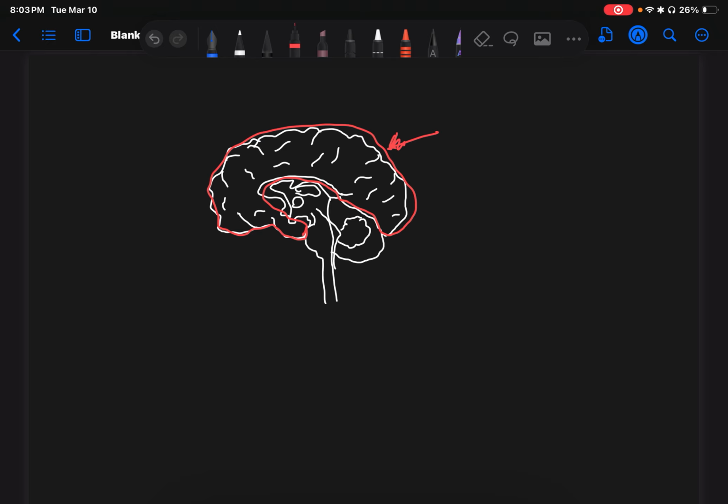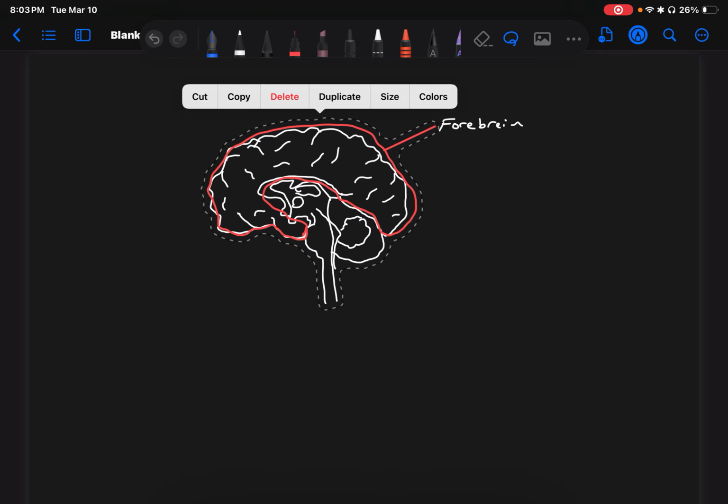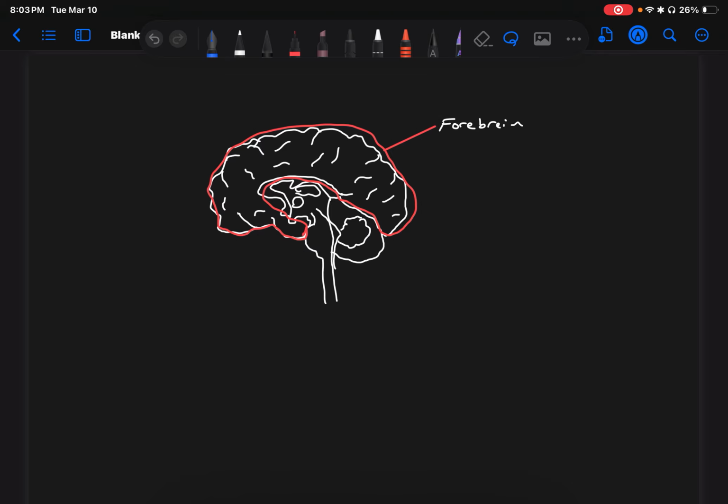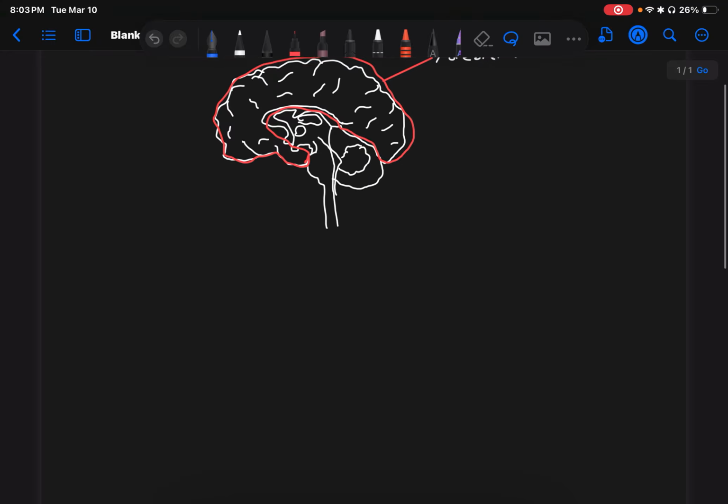But wait, I want it to be a straight line. This is going to be the forebrain, and we'll get into what it includes in the future. Wait, let me just circle this and copy it just in case I want to write it again. We'll get into what's included in each one of those in a bit.